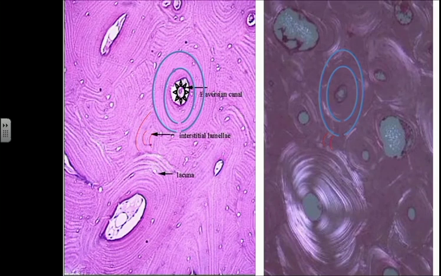And this, again, is filled by collagen fibers, but these collagen fibers are arranged just parallel to each other without forming a full circle, because there isn't a space for them to do the full circle. And this forms the interstitial lamellae, and I highlighted with the red color 3 lamellae, but you can imagine the rest, and even here there are 2 interstitial lamellae in between the concentric lamellae.